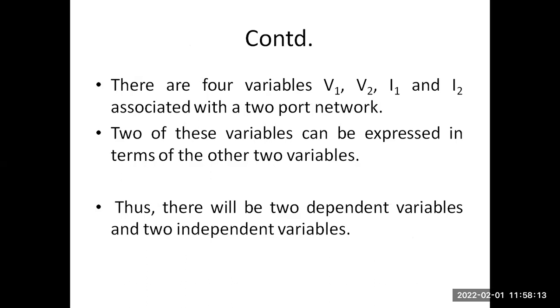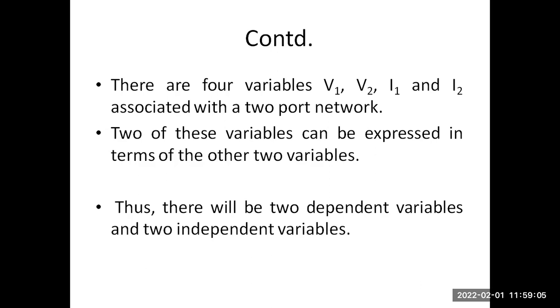Two of these variables can be expressed in terms of the other two, which is a very interesting thing you will learn in this topic. How are the input and output voltages and currents correlated? These interrelations will be discussed in this chapter, and we will understand them with the help of different kinds of parameters, which will be discussed very soon.